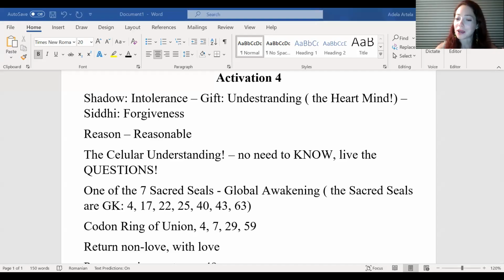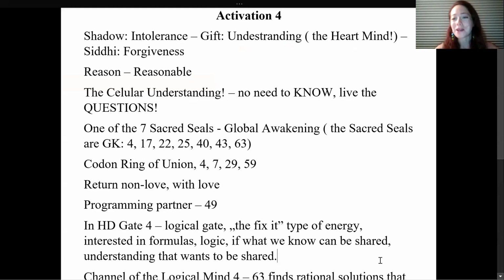So I prepared here, I collected some data. So activation 4, if we talk in the GenKeys language, and GenKeys is a beautiful teaching that helps you work with yourself better and know yourself better. We have the shadow of intolerance, the gift of understanding, and I wrote here the nice idea of the heart mind, and the siddhi of forgiveness.